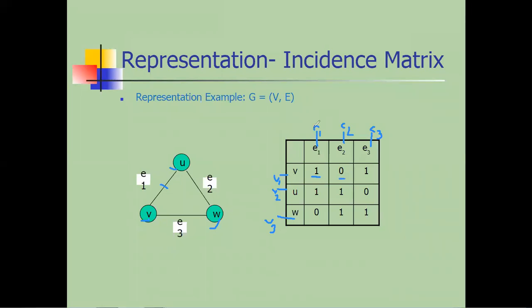The matrix should be V1, V2, V3, and similarly U, V, W. The number of rows and columns will be equal to the number of vertices. I hope everyone agrees. The edge E1 is present, U to V or V to U, that's why the value is 1. Is there V to V? No, that is 0. Then V to W, yes, it is present, that's why it is 1.